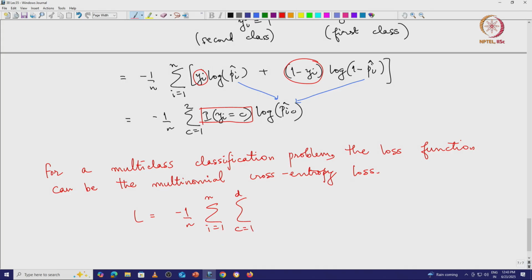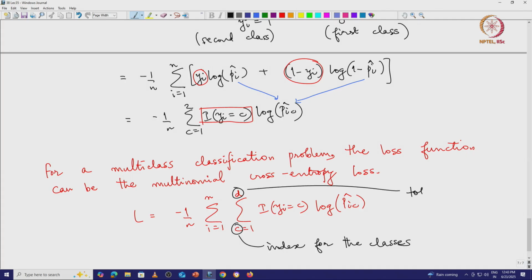Let us say there are d classes here. So, the indicator function of the point actually belonging to class C times the log of the probability that we had predicted that point to be of class C. Okay. So, this is the index for the classes, and this d here is the total number of classes.